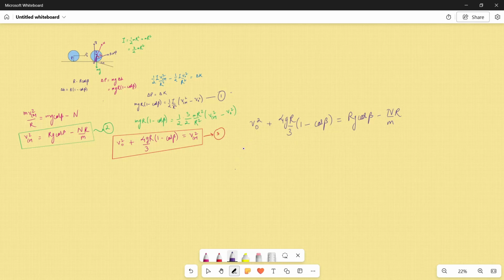Solving this, we get v naught square plus 4rg by 3 minus 4rg cos beta by 3 minus rg cos beta plus Nr by m equal to 0. Further solving it, we get v naught square plus 4 by 3 rg minus 7 by 3 rg cos beta plus Nr by m equal to 0.